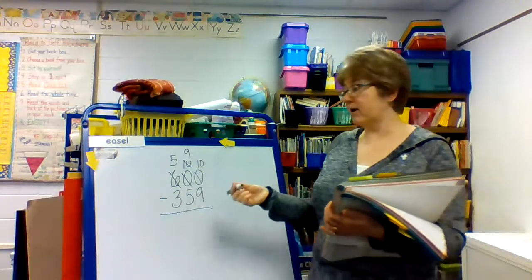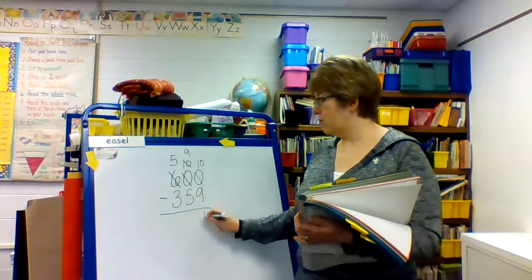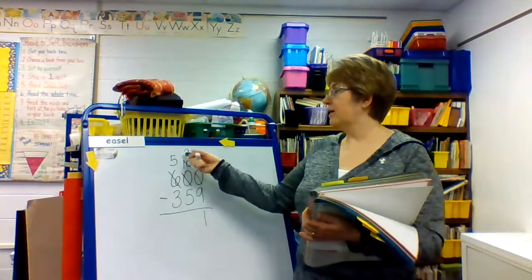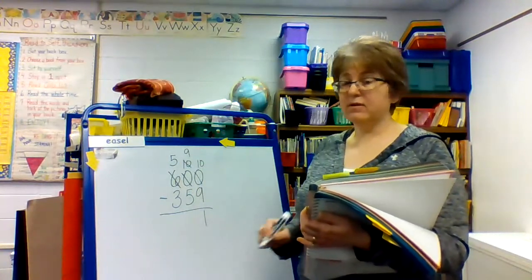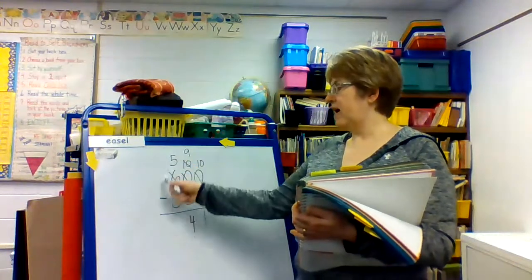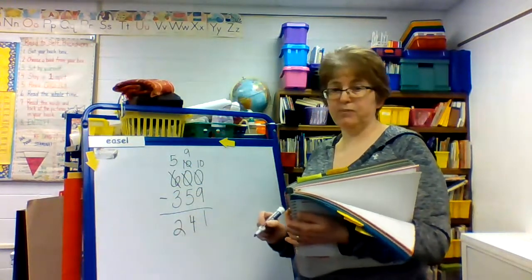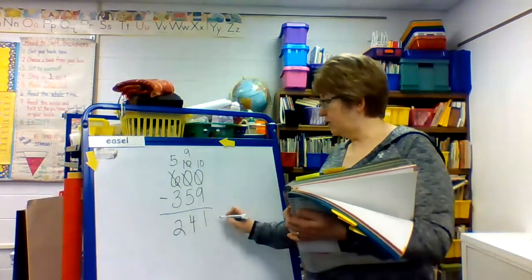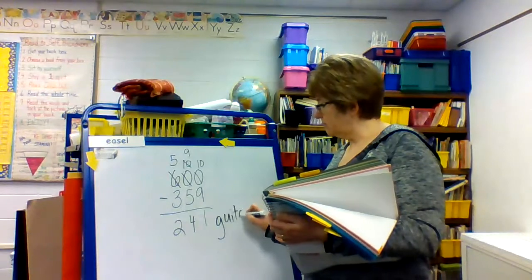Now I can subtract. 10 minus 9 gives me 1. 9 minus 5 gives me 4. And 5 minus 3 equals 2. So we have 241 guitars.